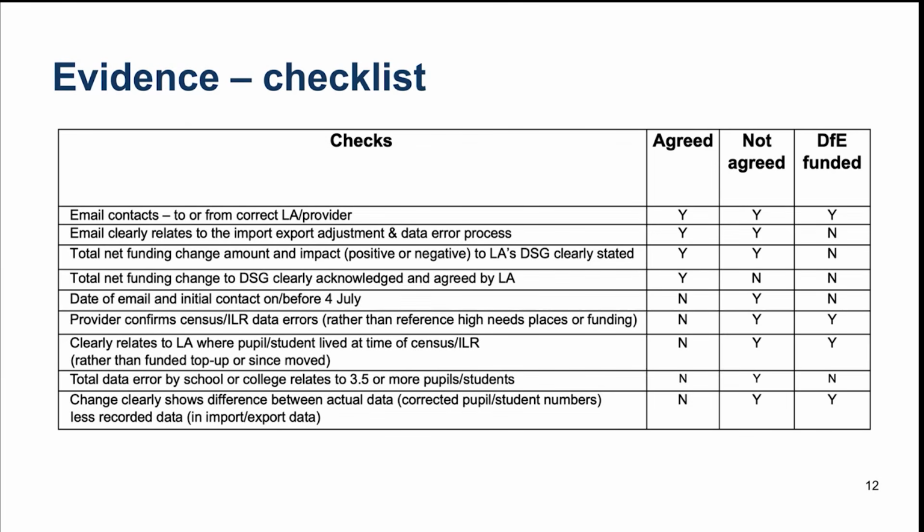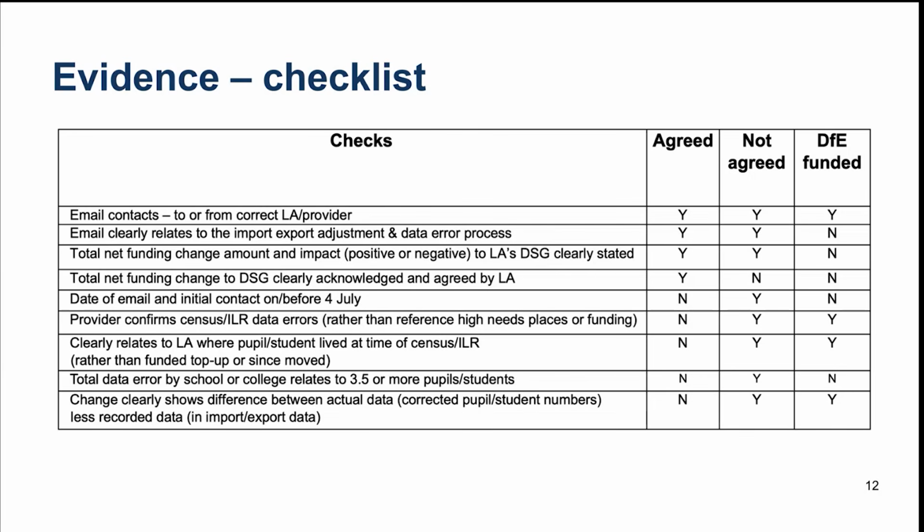So here's a checklist that you may find helpful, and it's the things that we look for when considering requests and reviewing the evidence provided. So firstly, the correspondence needs to be with the correct local authority and provider. And then, as shown in the second and third rows, all emails with local authorities need to clearly relate to the import-export data error process and set out the net funding change and funding implications on the local authority's DSG.